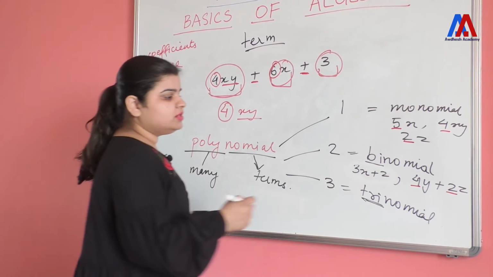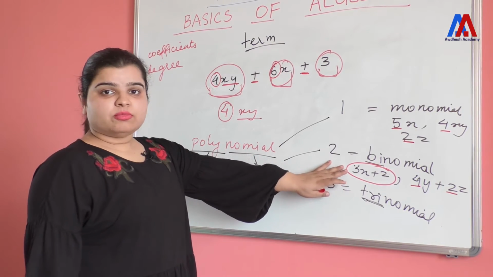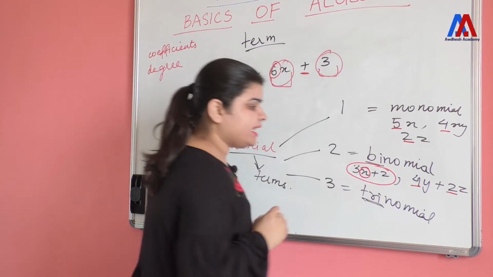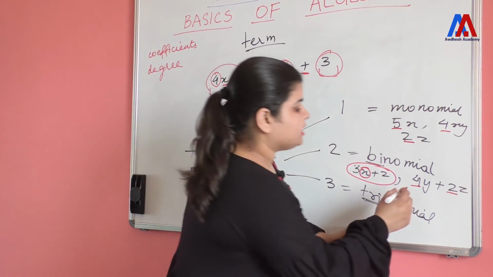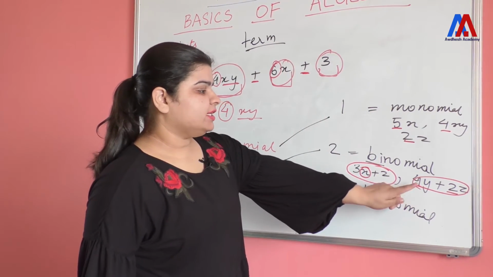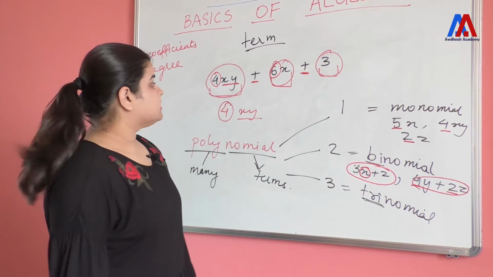Now suppose 3x plus 2. This is a polynomial of one variable because the only variable here is x. This expression, that is 4y plus 2z, has two variables, that is y and z, so we'll call it a polynomial in two variables.